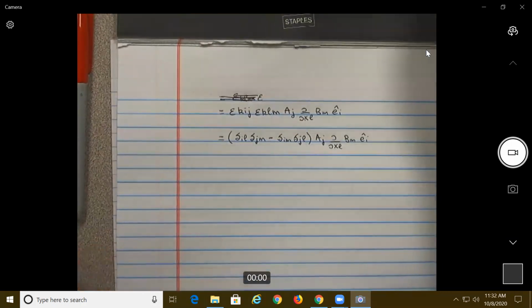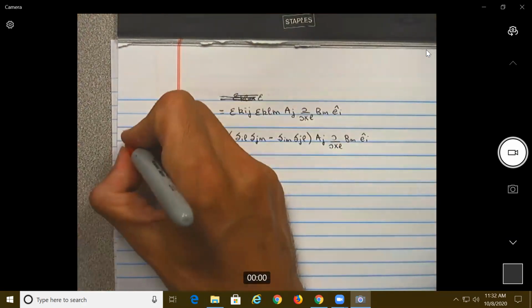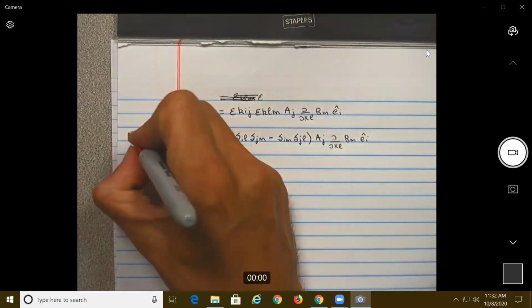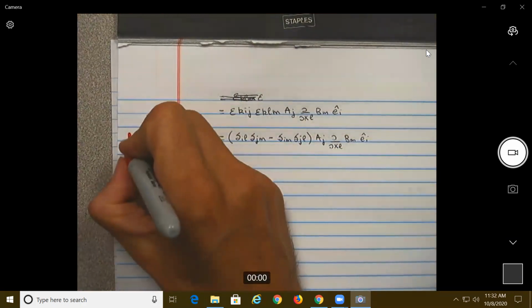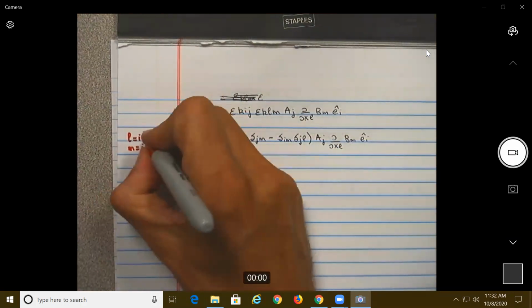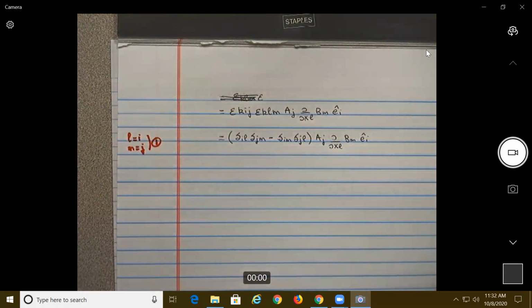Okay, so now we need to do two things. So the first case would be what? So case one would be for L equal I, M equal J, no? First case, correct? So this should give you what?